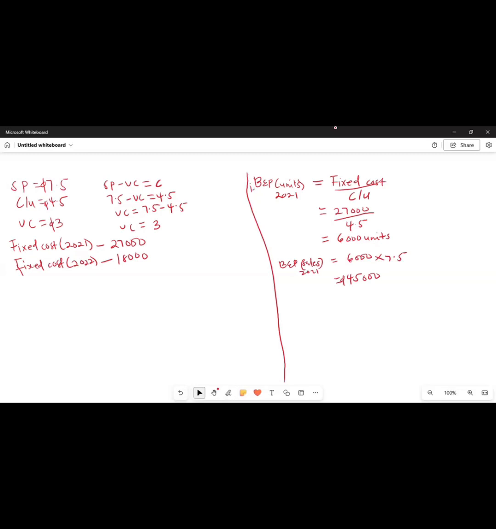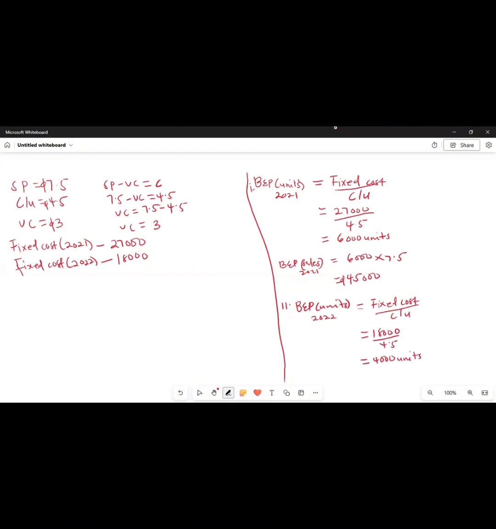Now let's move to II. II is saying how many units should be sold in 2022 to break even? So we put the formula again. For 2022, the management of the company was able to reduce the fixed cost to 18,000, divided by contribution 4.5.